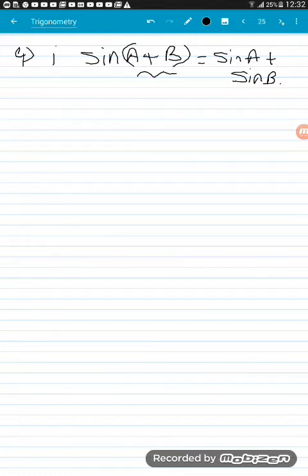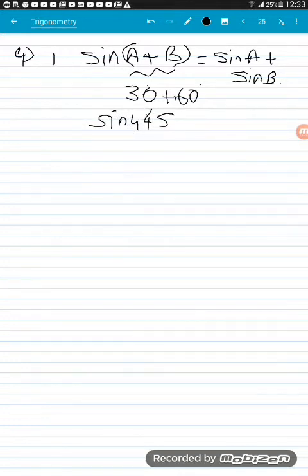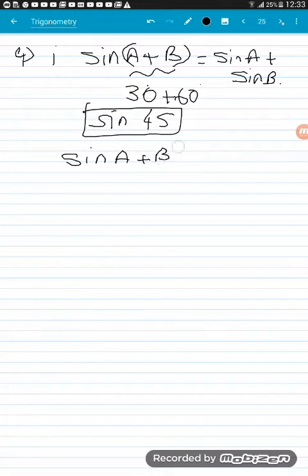A plus B normally becomes an angle. For example, 30 plus 30. No, we will take some other example. For example 30 plus 60, so here it becomes 90. So it becomes together as sin 90. But if you solve by the other method, sin A plus B becomes sin A plus sin B, which is wrong.